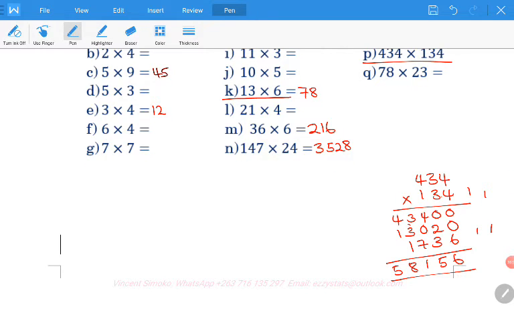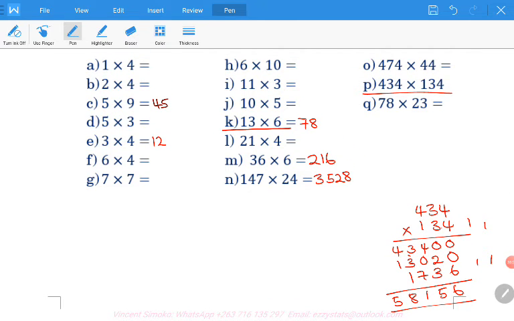So the answer for 434 times 134 is equal to 58,156.